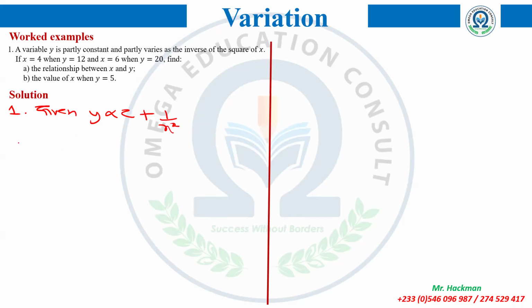This implies that, at this point, I move from the variation to the relation. So it will be k times c, which will give me my first k, so I will call it k sub 1. Then plus another k times this, because a constant times a constant overall will give you a constant, represented by k sub 1. Then k times this, there is only one, so my second k, I'll call it k sub 2, all over x squared.